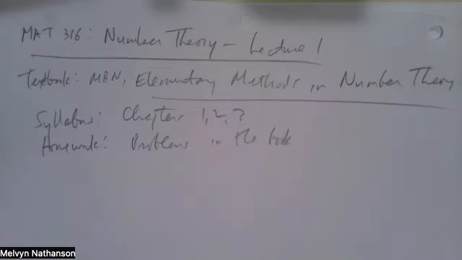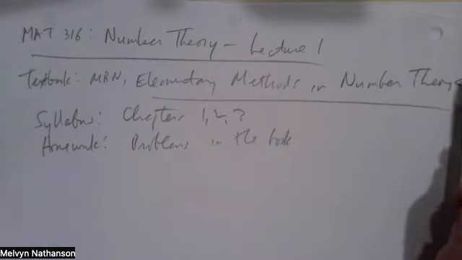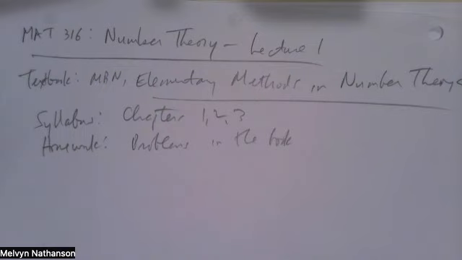So homework 1 will be some problems in chapter 1, section 1 that I'll put up on Blackboard later today. But everything that we do is in this text. It is the classical standard beginning course in number theory.